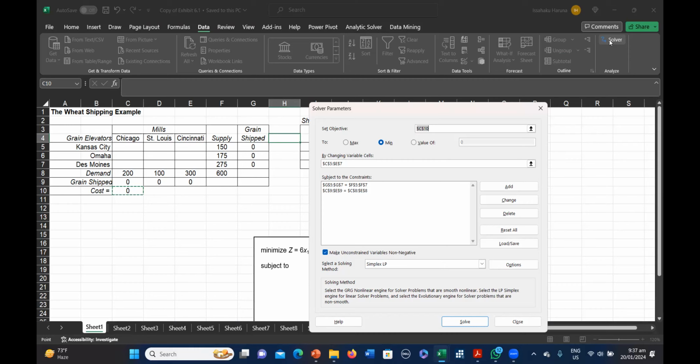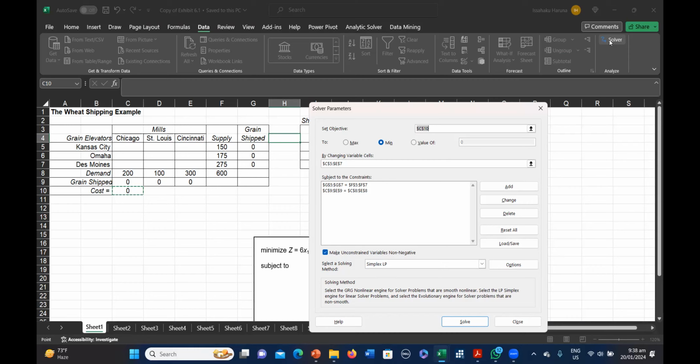And then changing variable cells. The empty cells here are the ones that you pick. That's the decision variables. So that comes here. And then for the constraints, there are two. We have the demand and then supply. So for the supply, you select this is equal to that. That's the first one. And then this is equal to that. That's the second one.